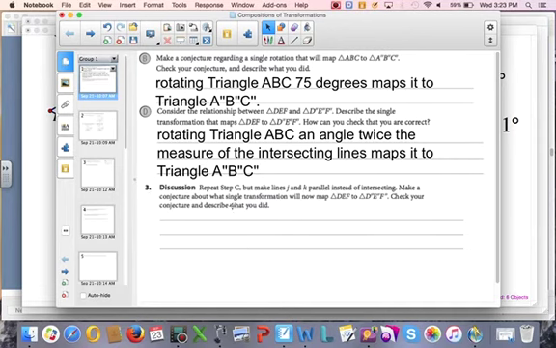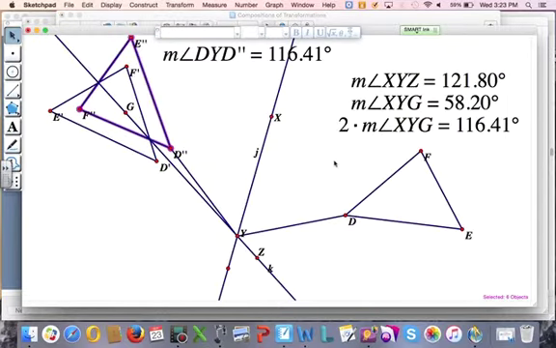So now in this discussion question, it says repeat step C, but make the lines parallel instead of intersecting. All right, so let's come back here. And I'm going to get rid of this triangle.